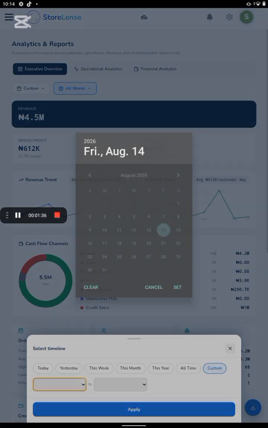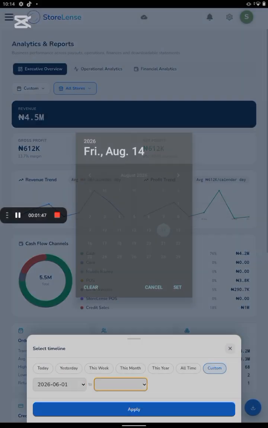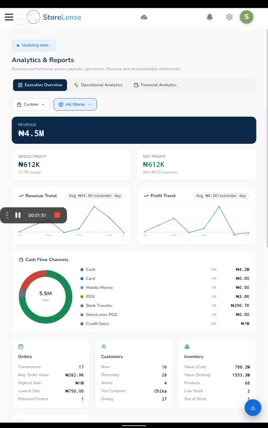Okay, let's just choose this, from June 1st to today. Apply. Wait for it to load up the data.